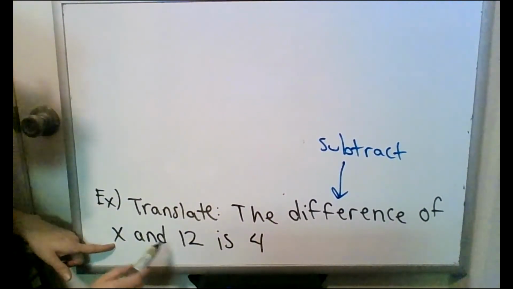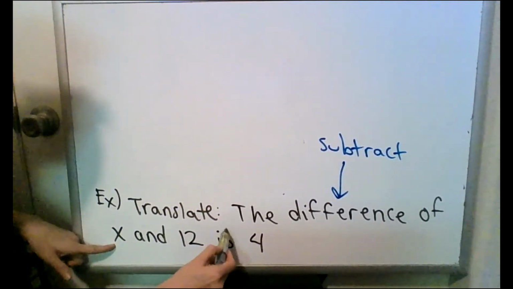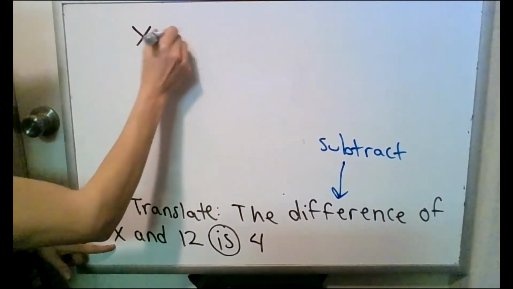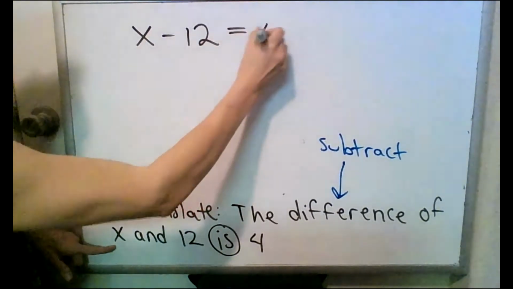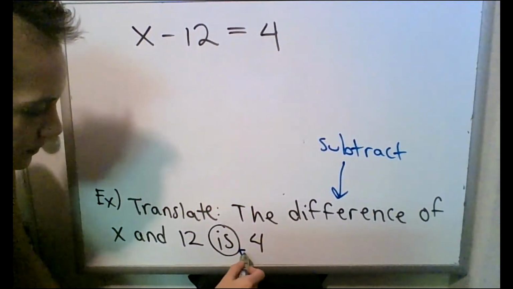Difference of x and 12. So we want to take x and subtract 12 and then put it equal to 4. So just a reminder again, is means equals.